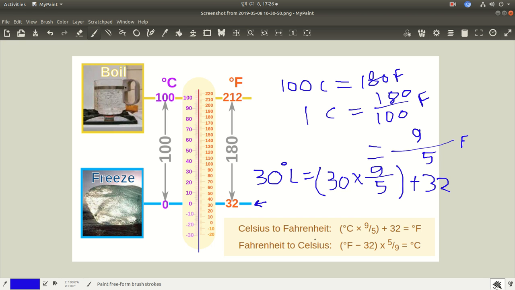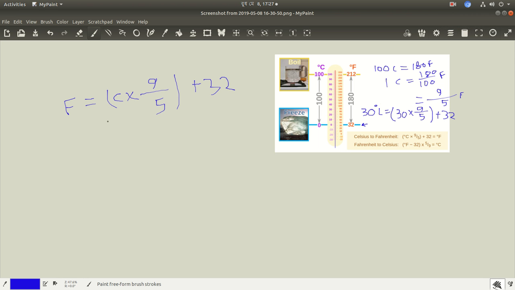And similarly, from this formula you can get the formula to convert from Fahrenheit to Celsius as well. So we now have this formula, that Fahrenheit equals Celsius times 9/5 plus 32. Why do we multiply by 9/5?